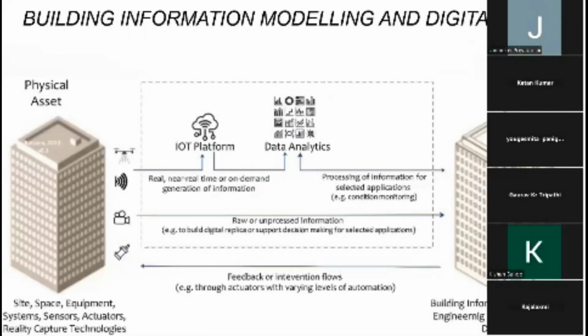So basically, what we did, we have a physical asset, we have a digital twin asset in our system. We collect all the information, put them into a platform, you can say IoT platform. And through the IoT platform, we put them into a cloud platform, a database platform that may be a cloud. And there we do all the analysis to understand the building.